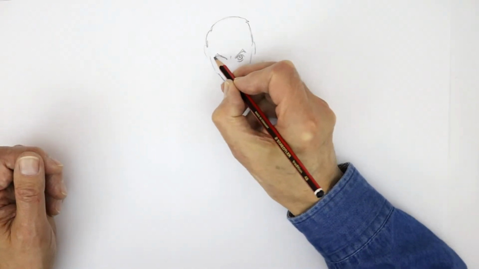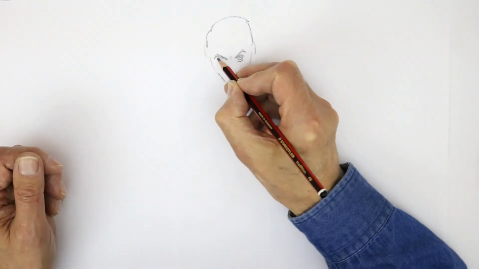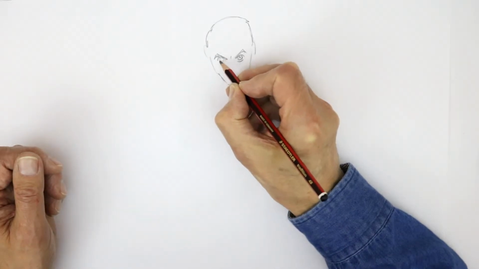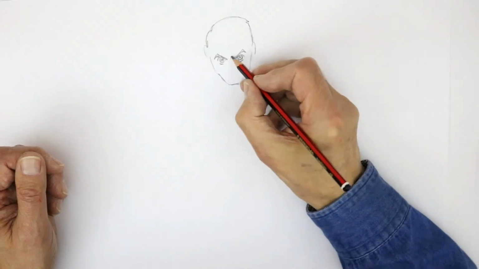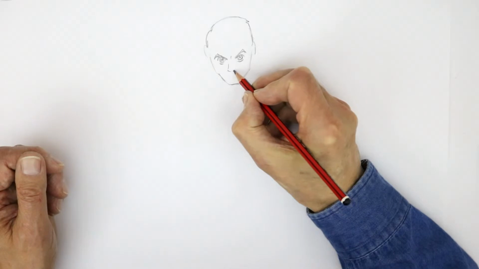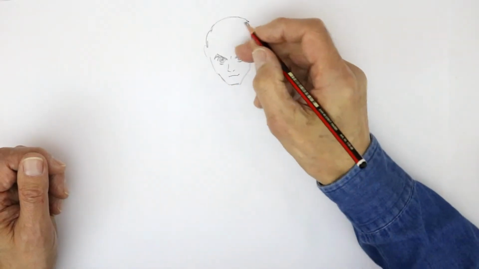Okay, about there, with his other eye coming in about there, and with the pupil of the eye coming in like that. Okay, and the nose, very simple line for the nose, coming down like that. Okay, and then the mouth, a kind of grim look to the mouth, a little turned up line there.